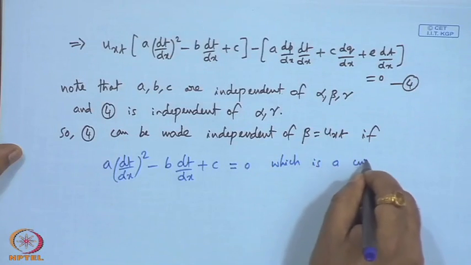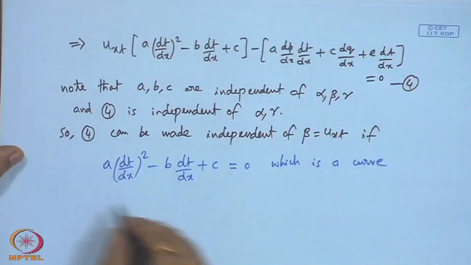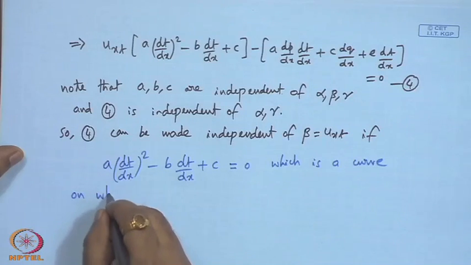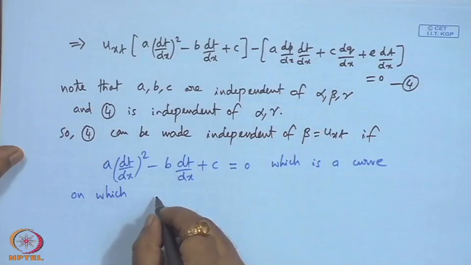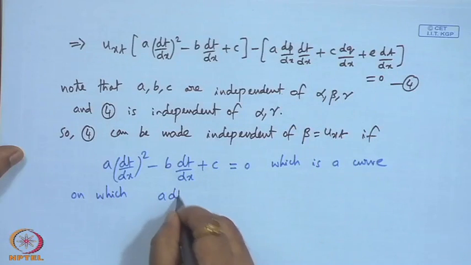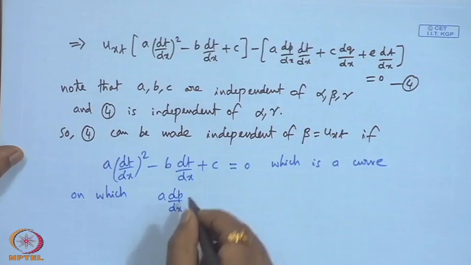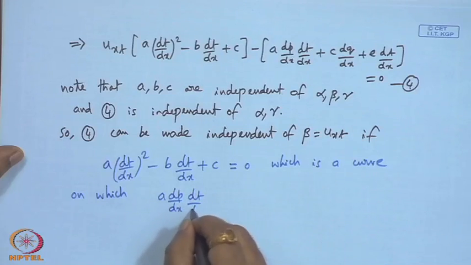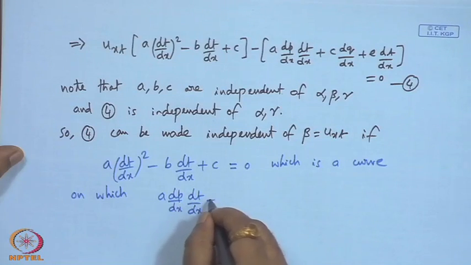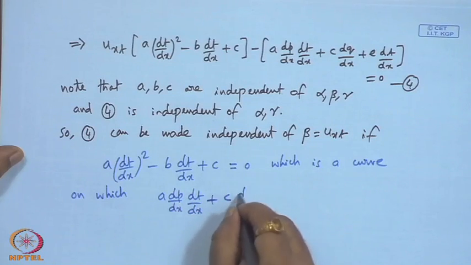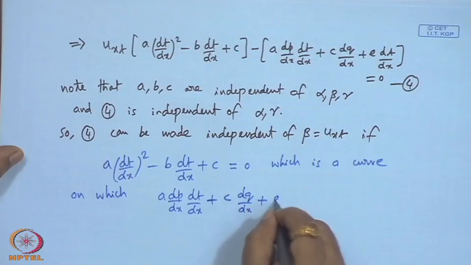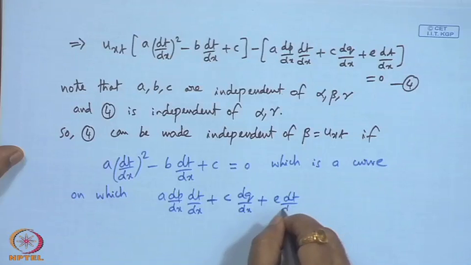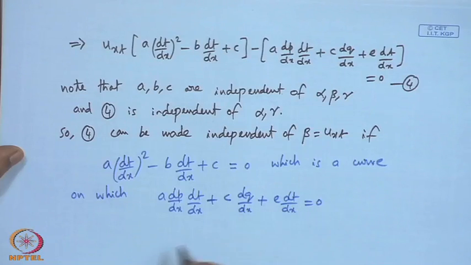which is a curve on which this is 0: A dp by dx, dt by dx, plus C dq by dx plus E. Okay.